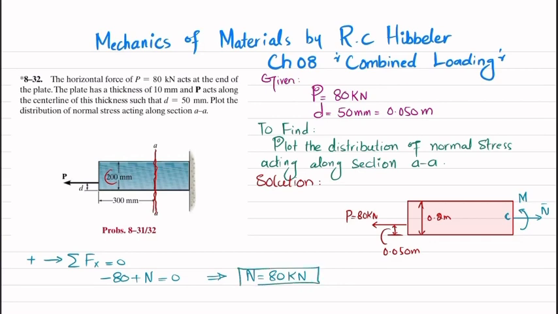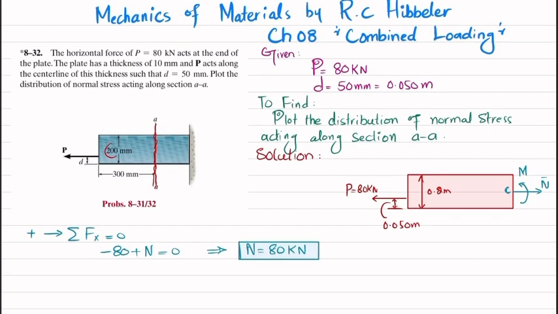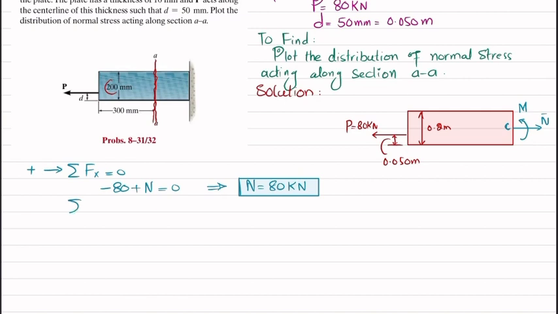Okay, so we have this, and now we will find moment, and for this we will use sum of all moment about point C must be equal to 0, taking the counterclockwise moment as positive. So about this point C, one moment is this reaction moment which is counterclockwise, so it will be positive. So M. The another moment is due to this force into perpendicular distance.